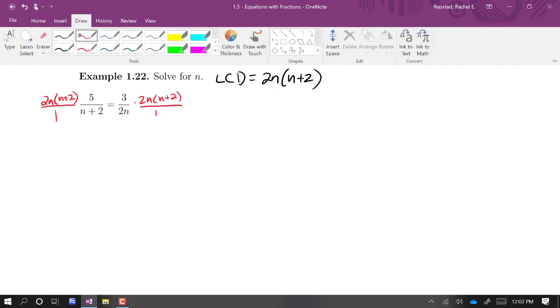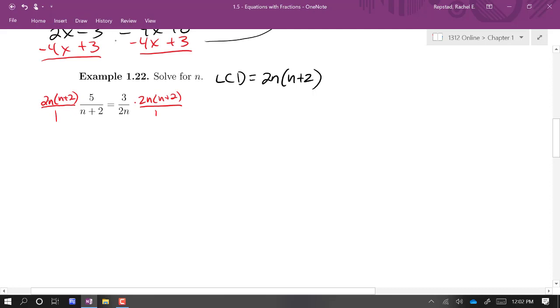I do that so that in my next step I will cancel, right? When I multiply both sides by the LCD, I'm not going to expand all these products up top. The first thing I need to do is cancel these denominators, because the next equation that should result after I multiply through by the LCD is to have an equation with no fractions.